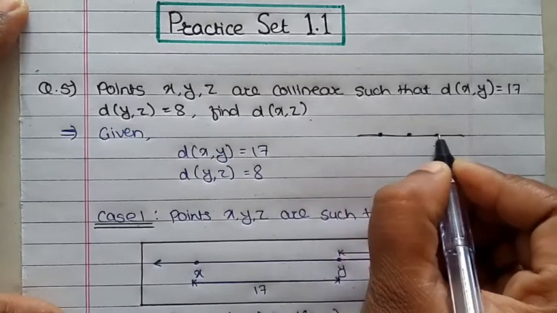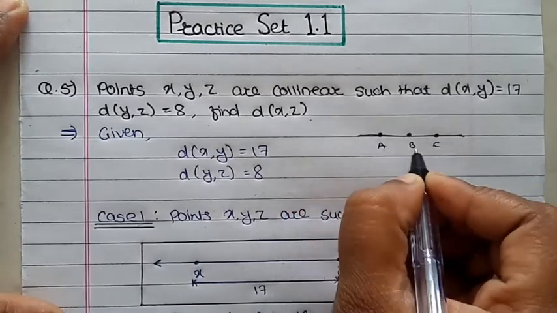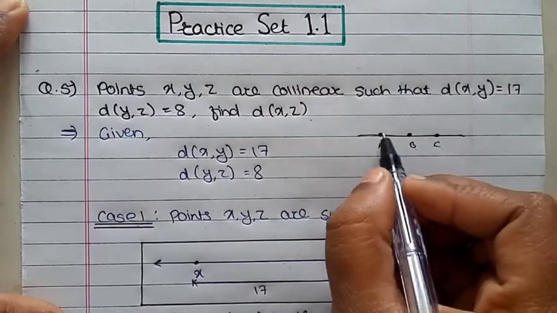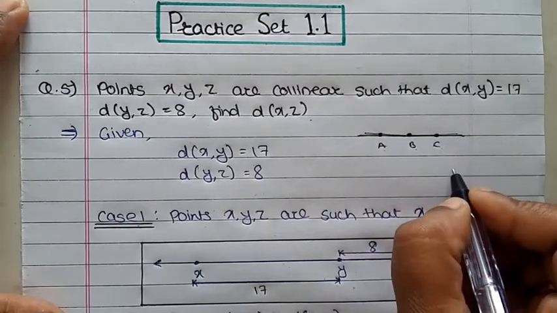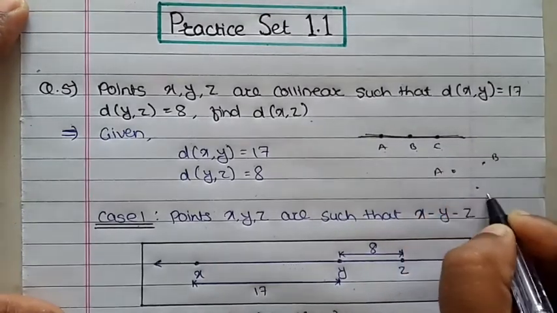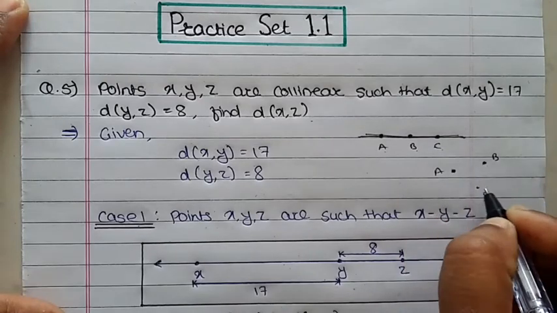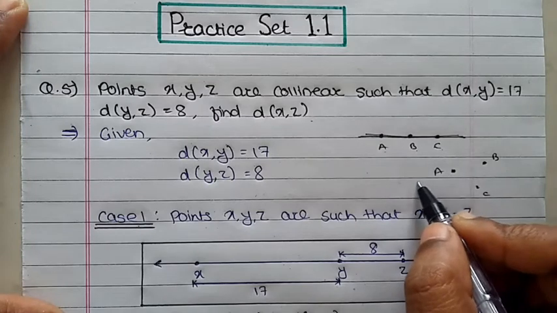Like this, suppose A, B, C. Points A, B, C are collinear because these three points lie on one straight line. Suppose this one, A, B and C. Are these 3 points collinear? No, it is not collinear, because these points are not on a straight path.